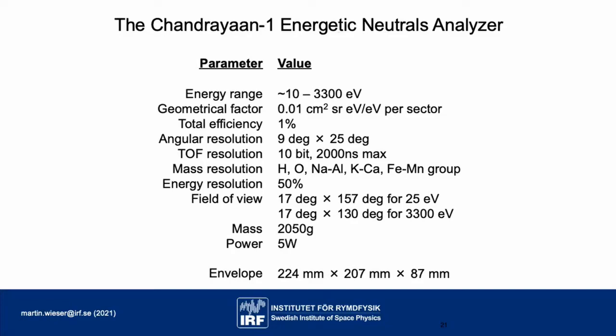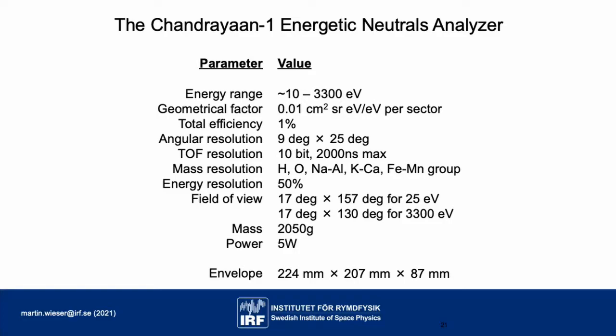But then the total efficiency for the detectors is only 1%. And the reason for that is that energetic neutral atoms are not so likely to convert to positive ions after interacting with conversion surfaces. So there is the largest loss in efficiency.